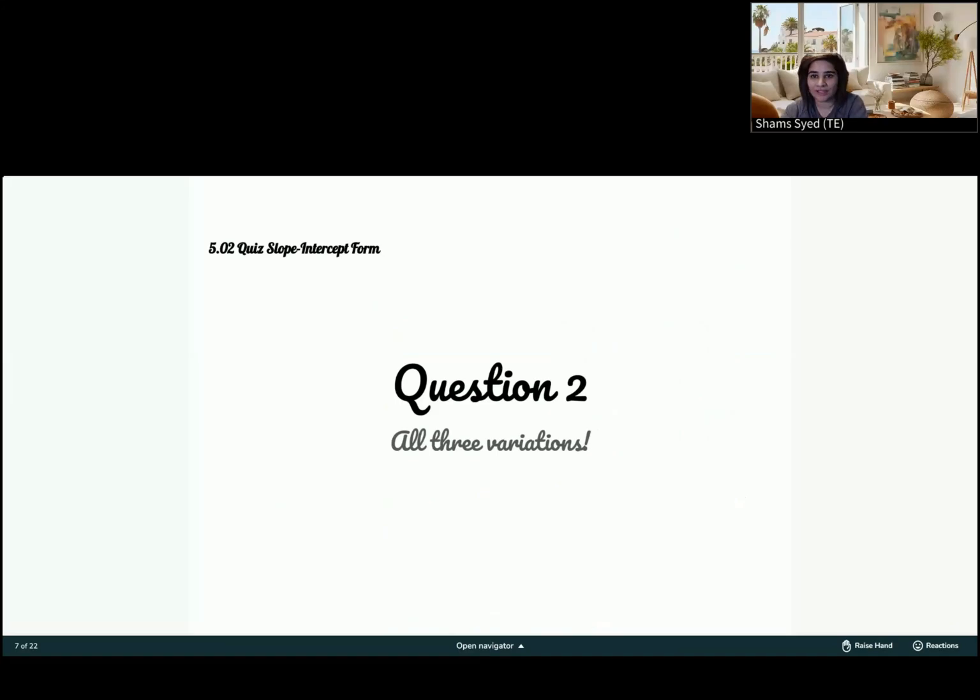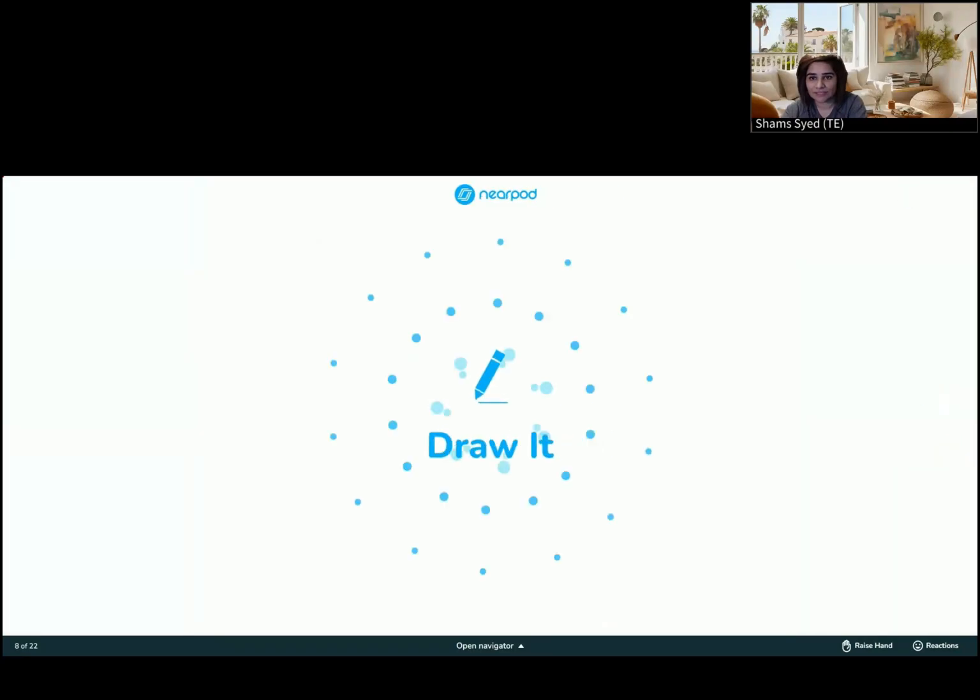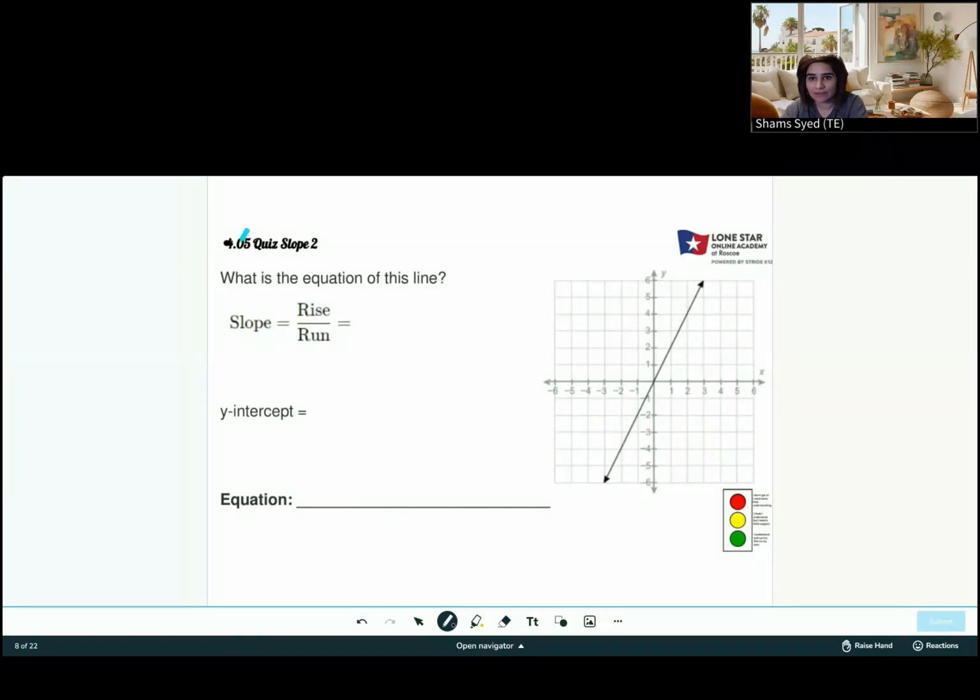Here I'm writing correctly quiz 5.02, but then I didn't fix the question part over here. It's quiz 5.02. And we are again writing an equation for question 2.